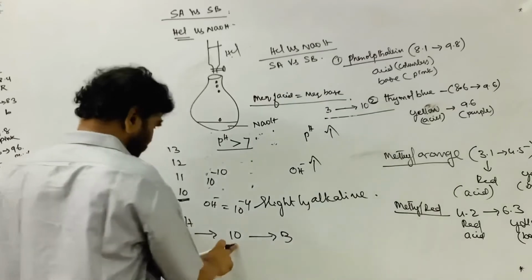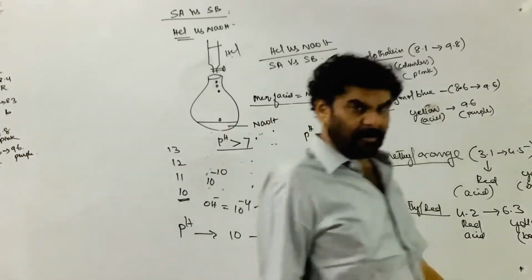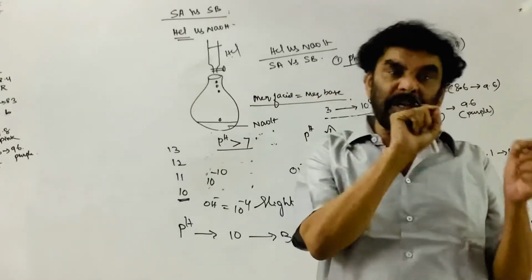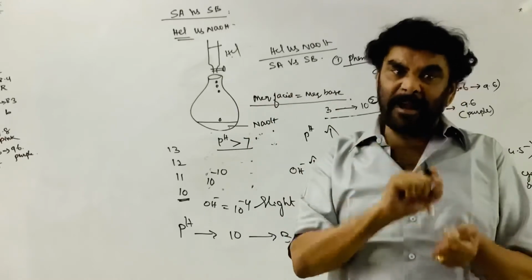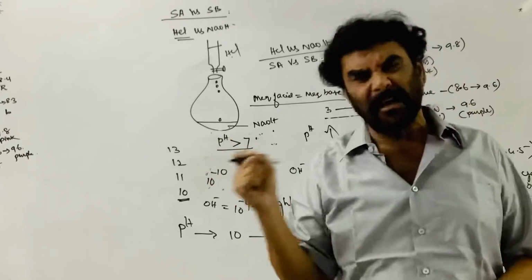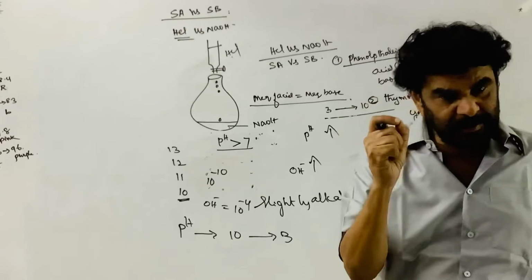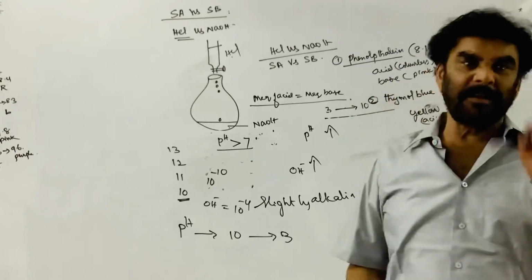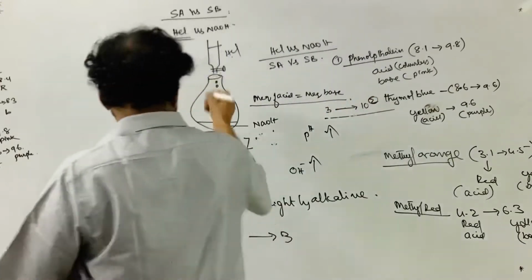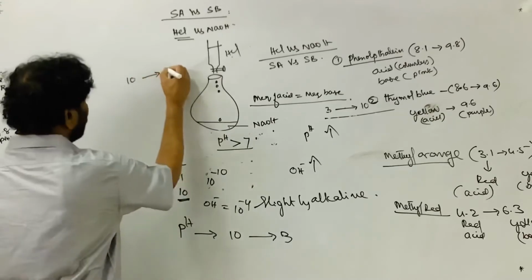Here the H plus ion concentration is 10 to the power of minus 10, and here it is 10 to the power of minus 3. So to change the pH from 10 to 3, the amount of acid or base needed is very small, associated with just one drop. Therefore, the pH fluctuation at the equivalence point is from 10 to 3.